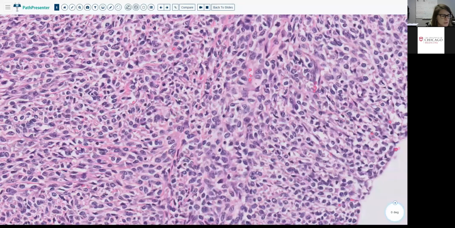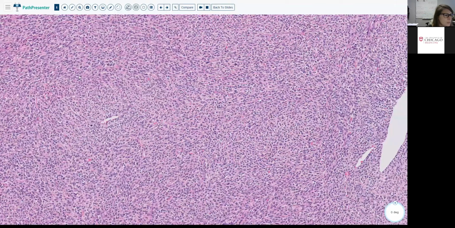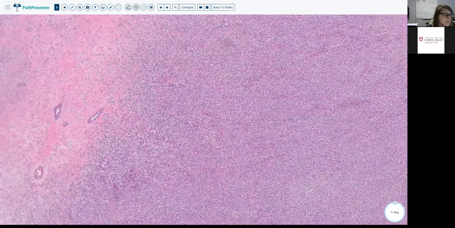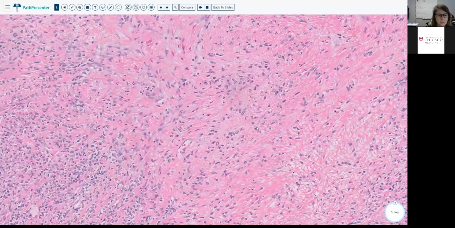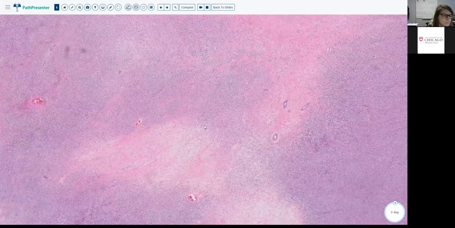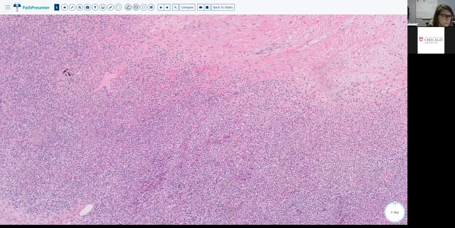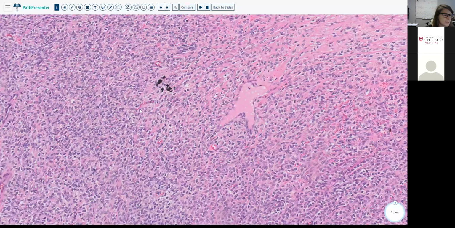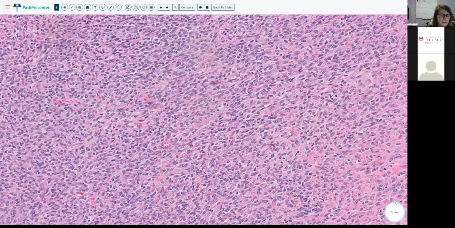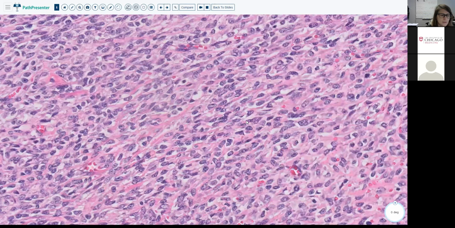Not so much necrosis, although there was some stromal degenerative change. If you're thinking SFT, what would you want to stain it for? CD34 and STAT6, and NAB2 if we have it, which I don't think we do. STAT6 being the most specific for SFT, in this case would be negative.